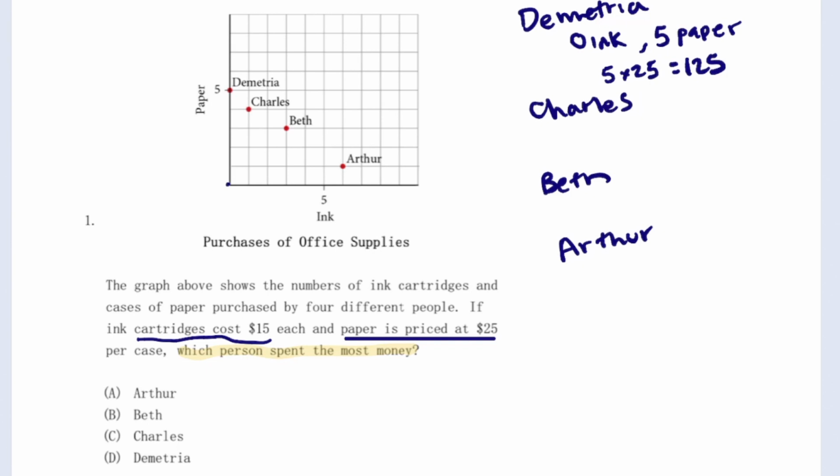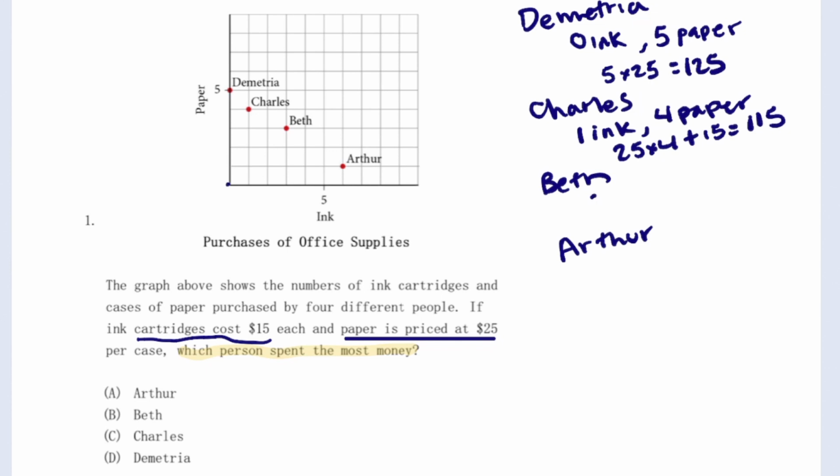Then if we move on to Charles, Charles has 1 ink and 4 papers. So he is going to have 15 for the ink plus 4 times 25 for the paper. So that is going to leave us with 115.